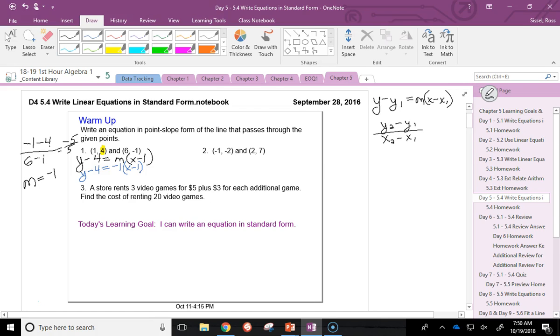Okay, so what are we going to do to solve? I'm going to go ahead and do my work over here, so I have some room. I have y minus 4 equals negative 1 times x minus 1.